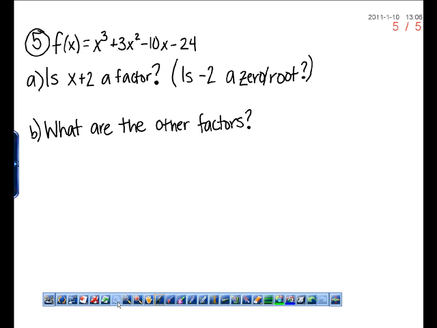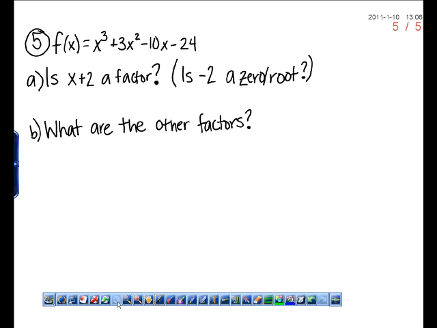Given f of x equals x cubed plus 3x squared minus 10x minus 24, I would first like to know if x plus 2 is a factor. Then I would like to know what the other factors are. So what would I do? Okay, so I could use synthetic division with -2.